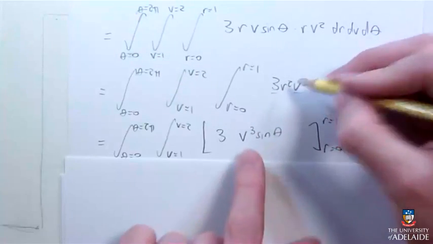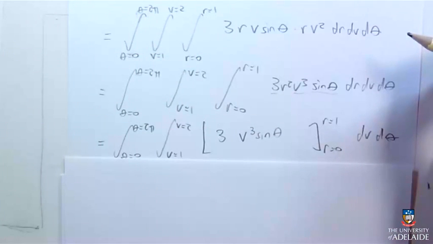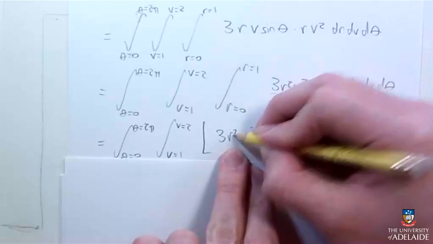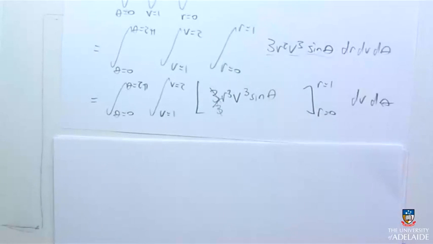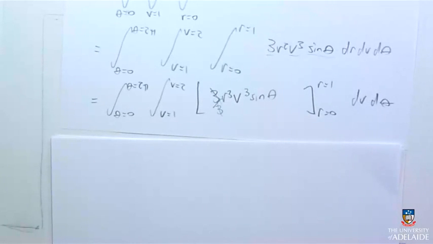And the, oh wow, this is really, sorry? Yeah. The r will go up to 3 and I'll divide by 3 and they cancel. Very nice. And so I'm going to have to sub in 1 and 0.